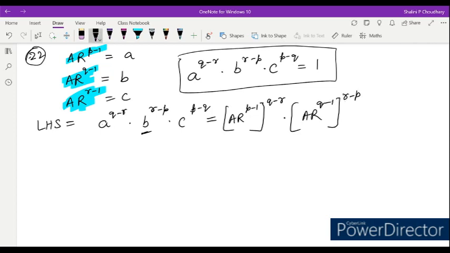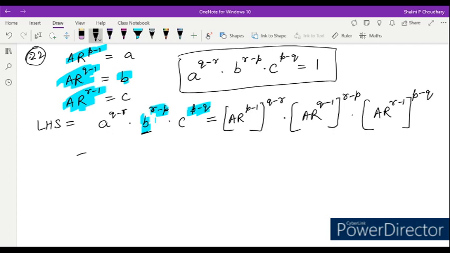Why are we writing r minus p? Because here the power of b is r minus p. So we take the value of b from here and then write r minus p. Similarly, the value of c is A R to the power r minus 1, and its power is p minus q, so we'll write p minus q here.